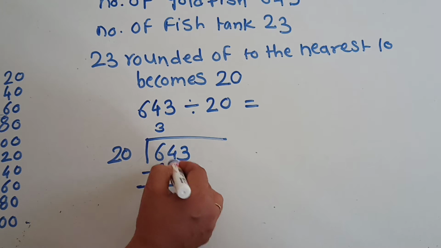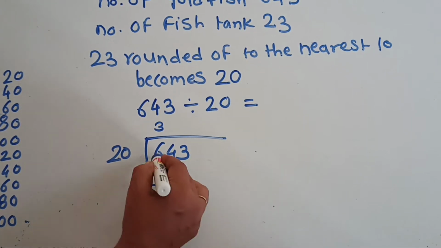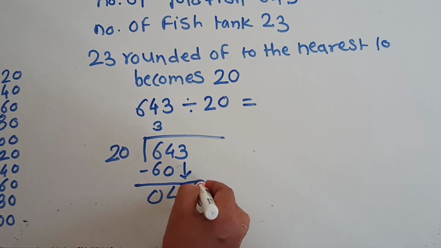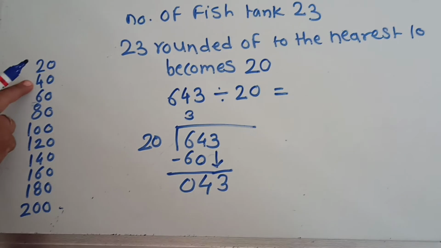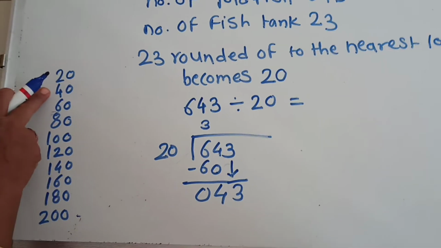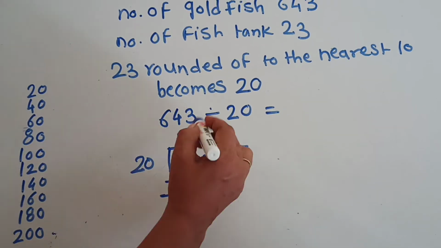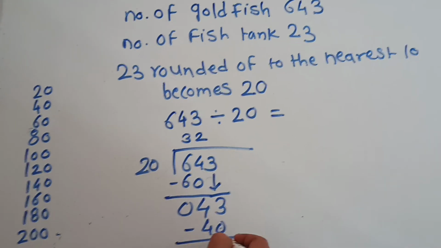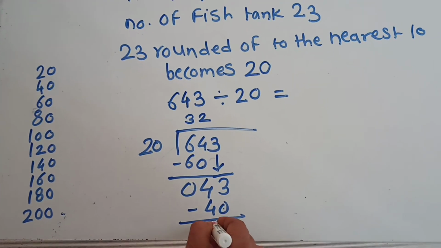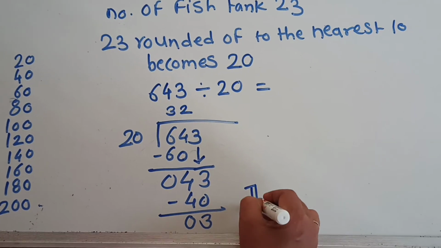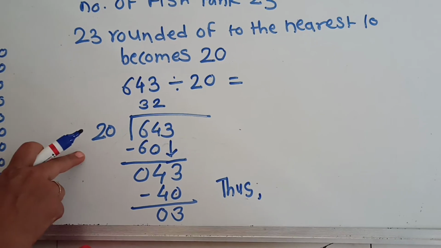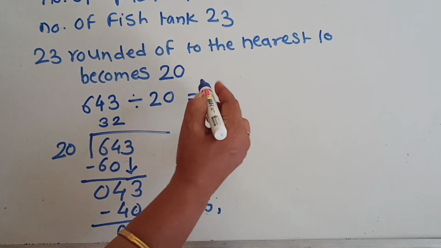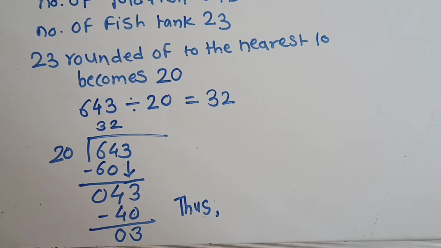Then do subtraction here. 4 minus 0, 4. 6 minus 6, 0. Take down this 3. Here becomes 43. Now 43 means 2 2s are 40, so this 40 will come here, and 3 minus 0, 3. 4 minus 4, 0. Thus the answer we have to write here: 643 divided by 20 is equal to 32.